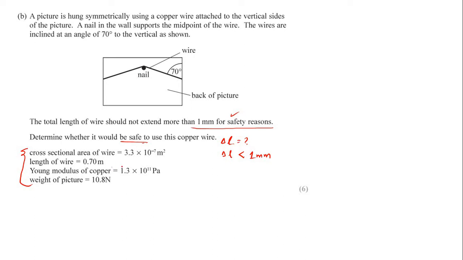Because Young modulus is given, we use the typical idea. These are just for your reference. You can skip some steps if you know the formulae. But let's start with Young modulus.